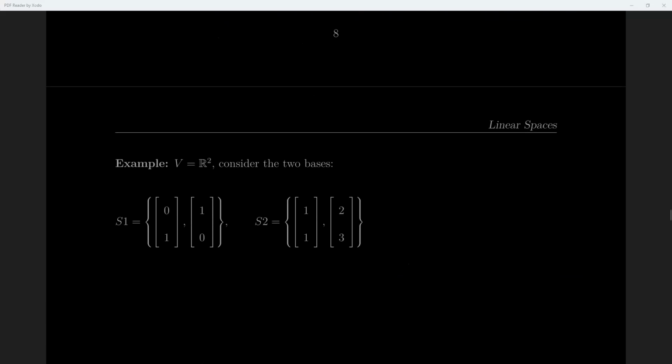All right, so let's again consider those two bases. This one we already investigated. This is a basis set for R squared, which we considered already. So I can write down span of S1 is equal to R squared, and S1 is linearly independent. Therefore, S1 is a basis for R squared.